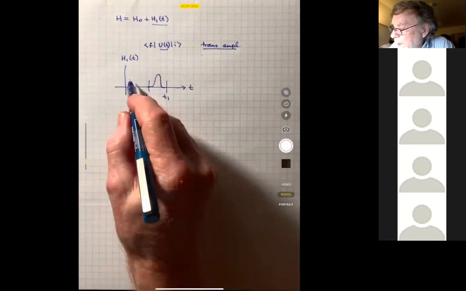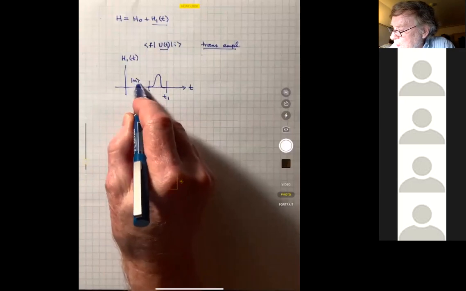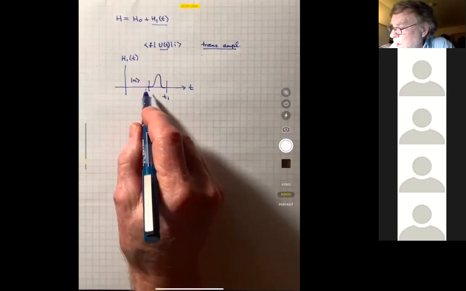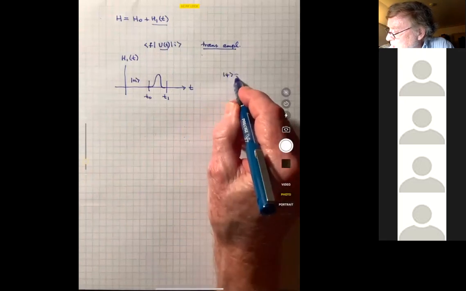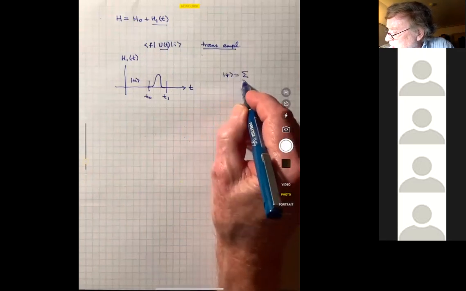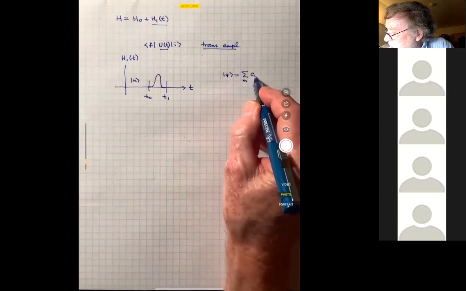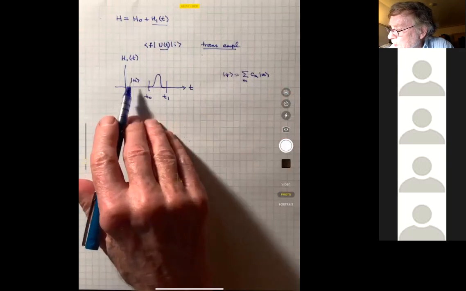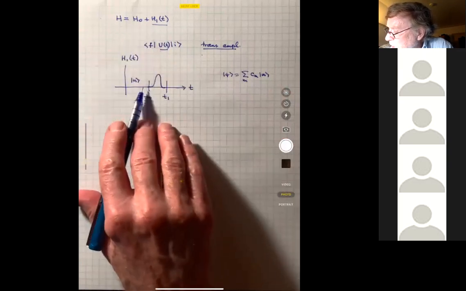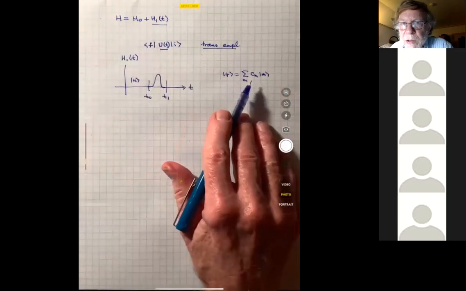But you may recall that we had our oscillators in some state n before the perturbation was turned on. And after the perturbation is turned on, we've got some state psi, which is the sum on, let's call it, states m of coefficients c sub m times |m>. In other words, even if it's an eigenstate of H0 before the perturbation is turned on, afterwards it's going to be a linear combination.